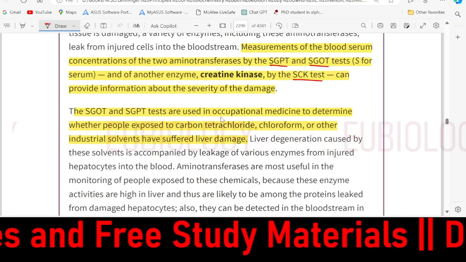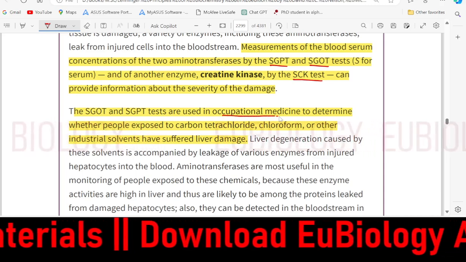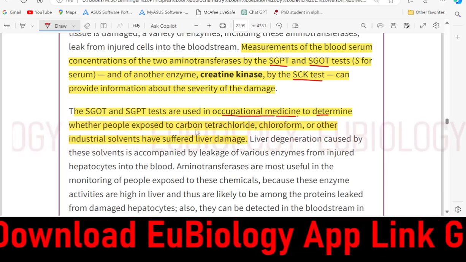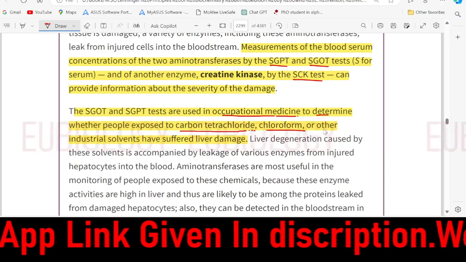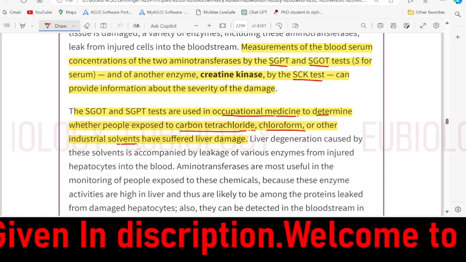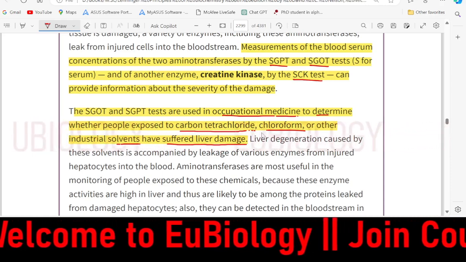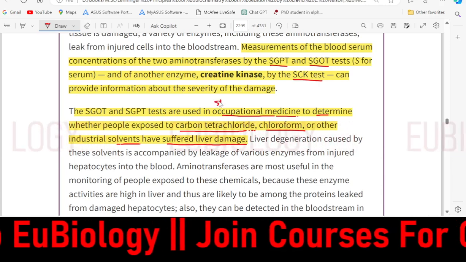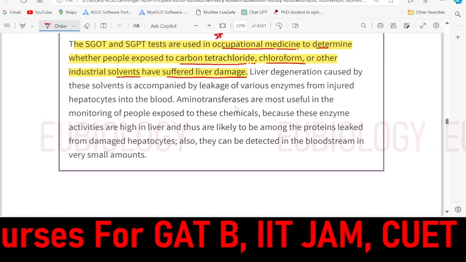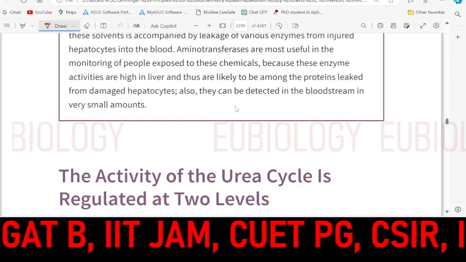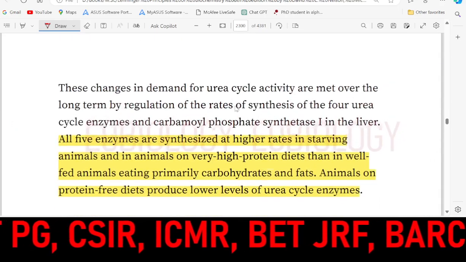Liver damage can occur because of occupational exposure, or to determine whether people exposed to carbon tetrachloride or chloroform or other industrial solvents have suffered liver damage. By this statement you can understand that occupational medicines can also damage the liver, so we have to be in check.